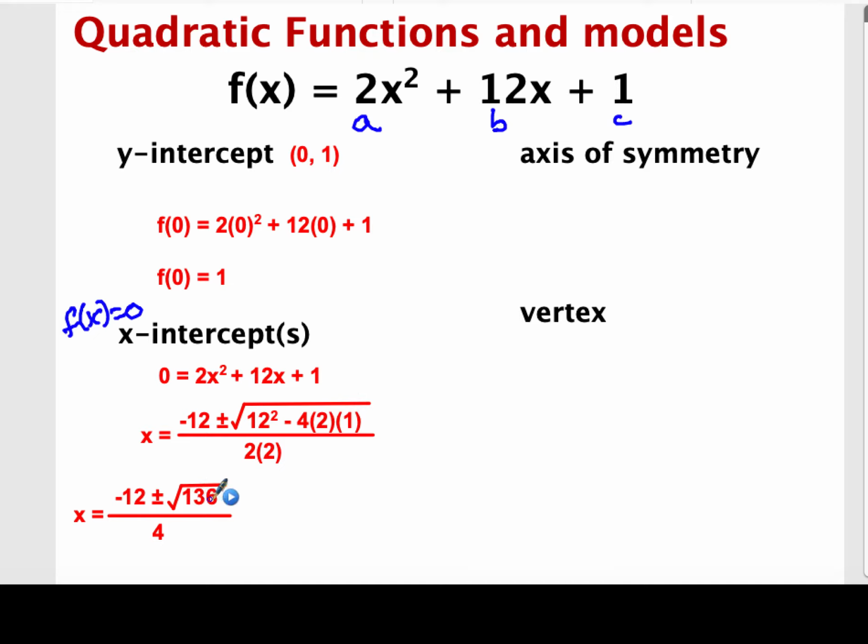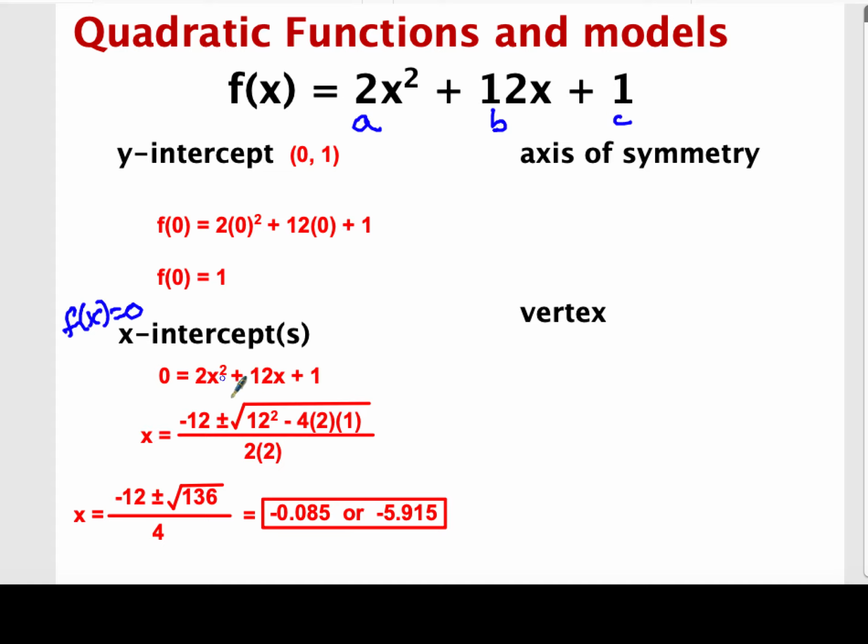Since 136 is not a nice square root, toss that whole thing into the calculator, and we should get negative 0.085, or the point (-0.085, 0), and negative 5.915, or the point (-5.915, 0), if we wrote them as coordinates like I had done with the y-intercept up top here.